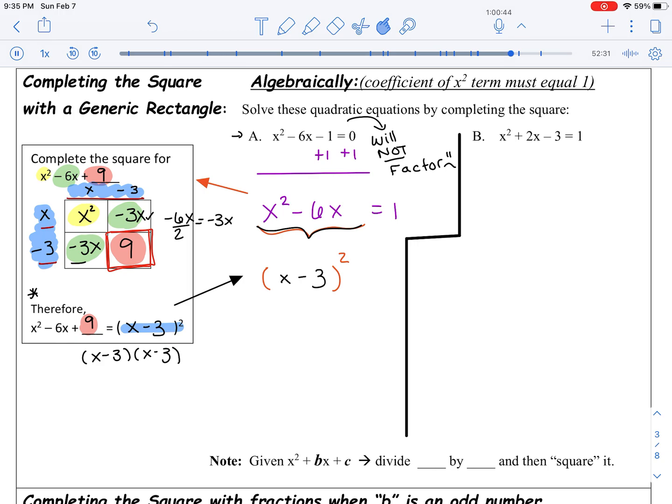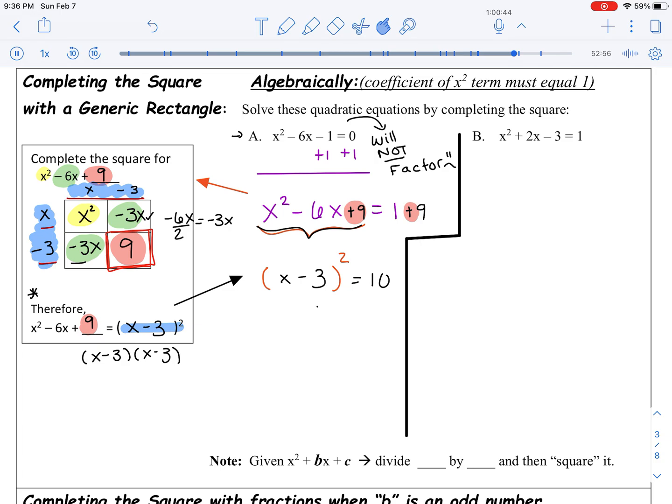But in order to do that, I need to add 9 to the right-hand side. Whatever I do to the right-hand side has to also happen to the left, so I'm also going to add 9 to the left. So we get x minus 3 squared equals 10.